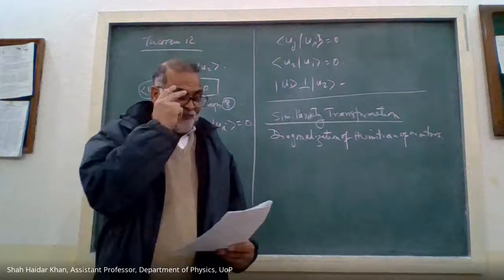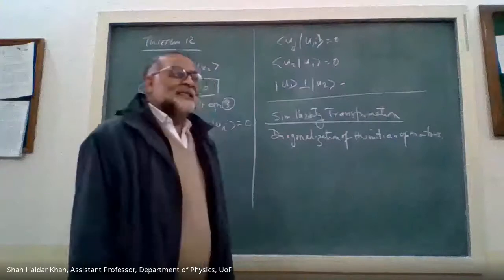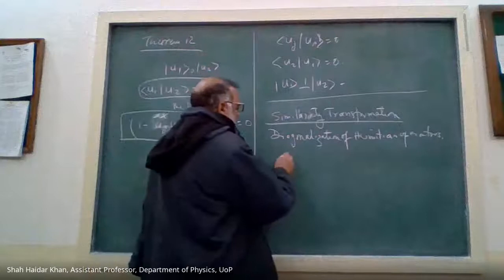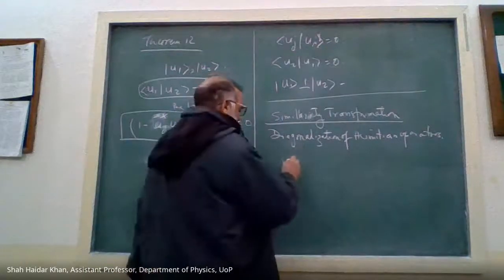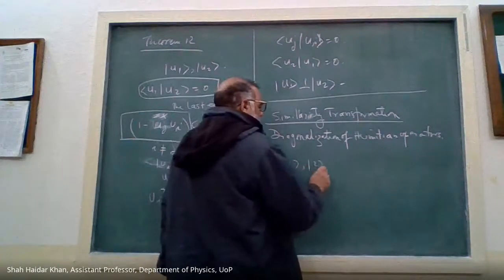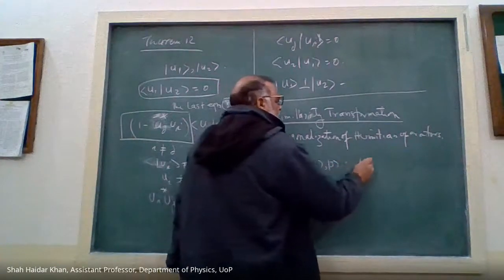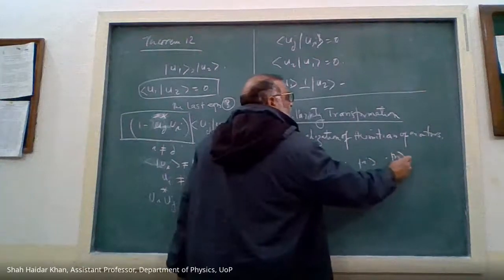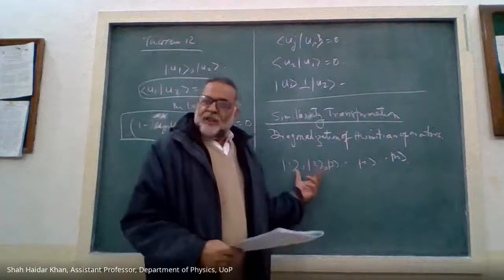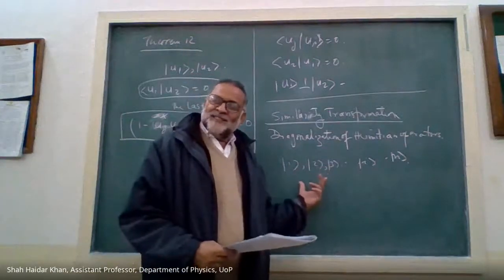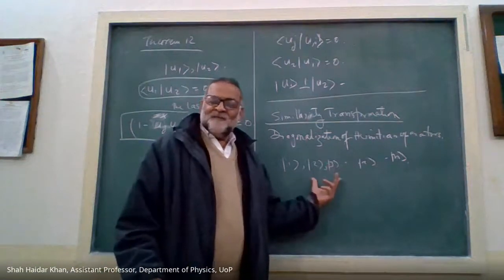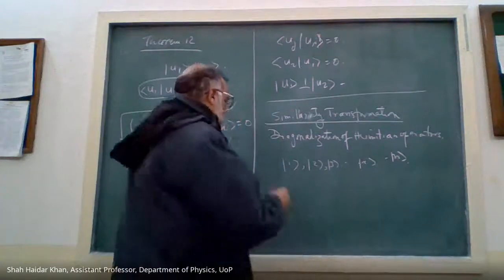So if we have some orthonormal basis, omega, 1, 2, 3, up to n, we have an n-dimensional basis, and these are orthonormalized bases. This is like x, y, z. And we have an operator.